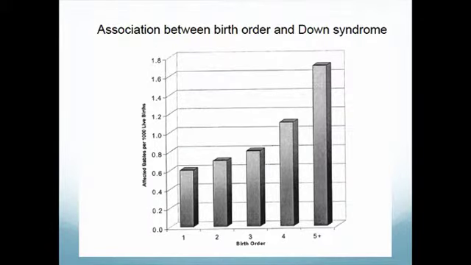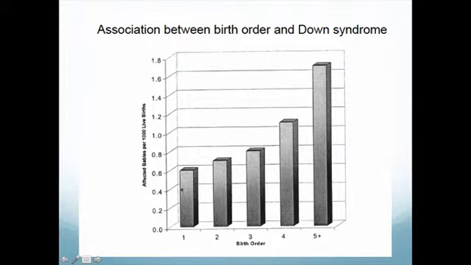Okay, and so if we cross-sectionally looked at these numbers, I'll orient you to this figure. We have birth order along the x-axis. You could be the first child, second, third, fourth, or fifth or more. And the y-axis is affected babies per 1,000 live births. So this is a measure of the prevalence of Down syndrome.